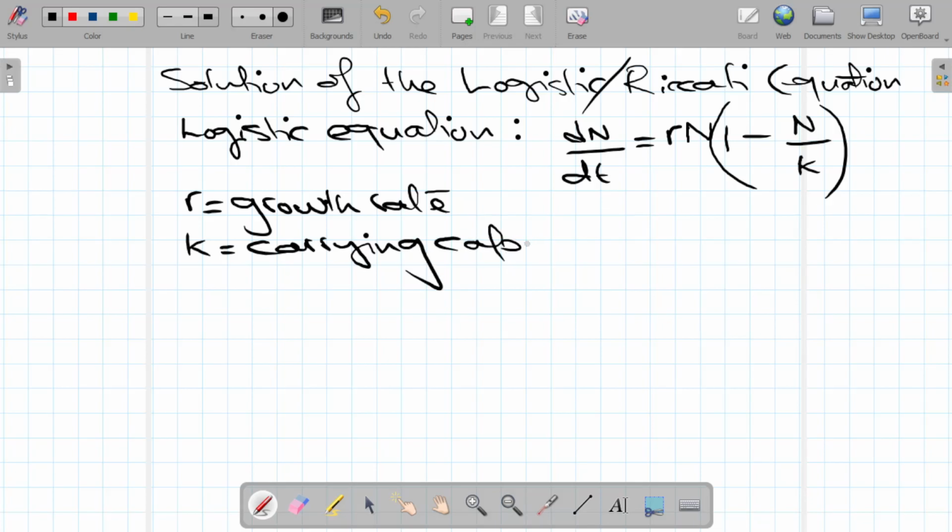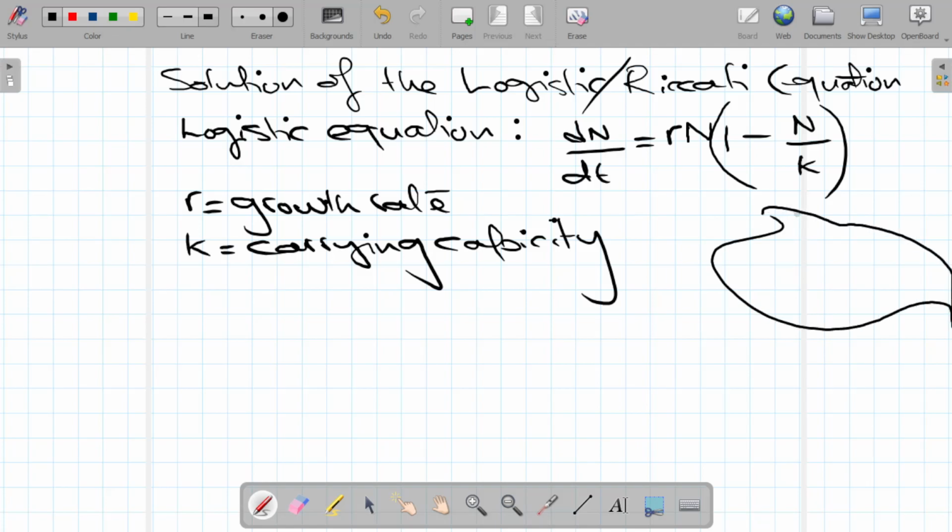Now, what do I mean by carrying capacity? Well, if you have a geographical area like that, that geographical area determines how many people or how many of any type of life form you can have on that island, say, on that geographical area.